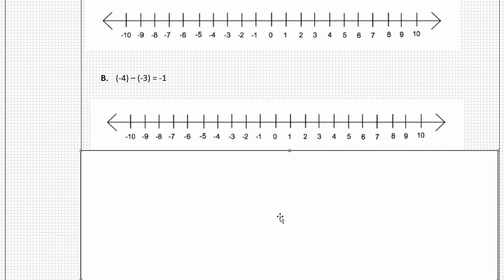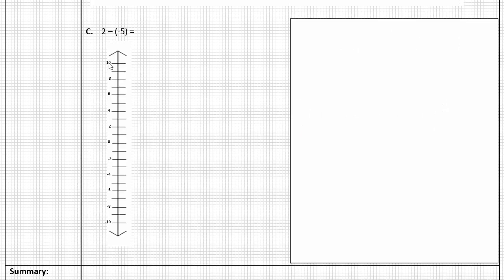Alright, let's try example C. Now we're dealing with a vertical number line, but the process is still the same. So we're doing 2 subtract negative 5. Again, the first integer tells us where to start, so we're going to start at 2.